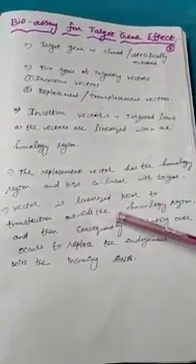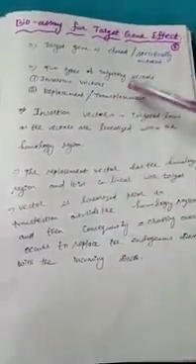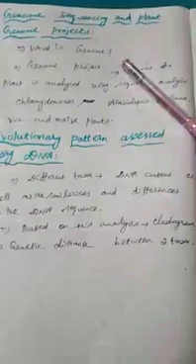And the replacement vector means that before the transfection is done outside the cell, it easily enters the host cell and the crossing over occurs. So this is the target gene effect.